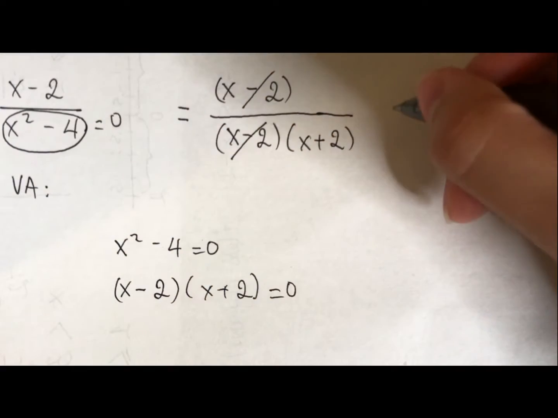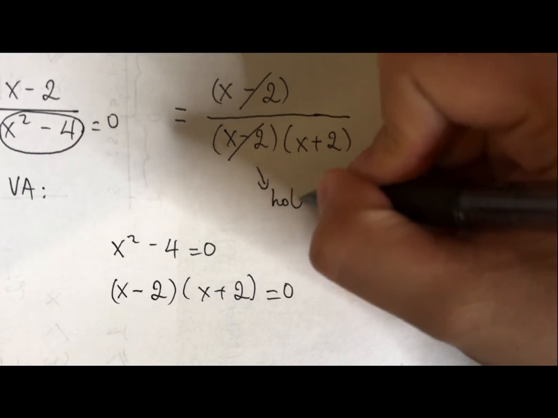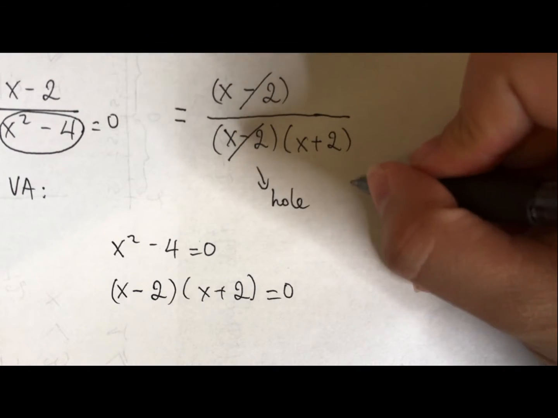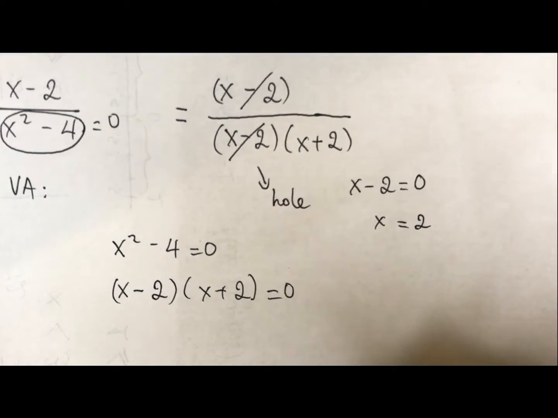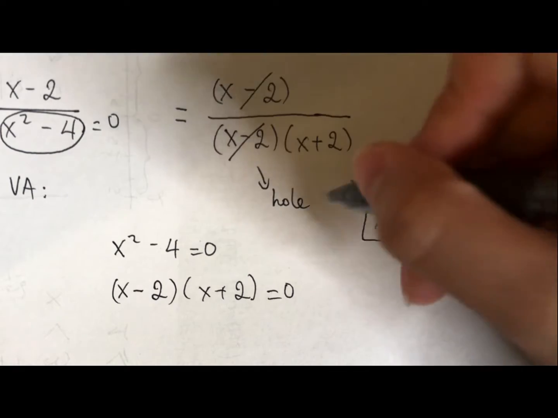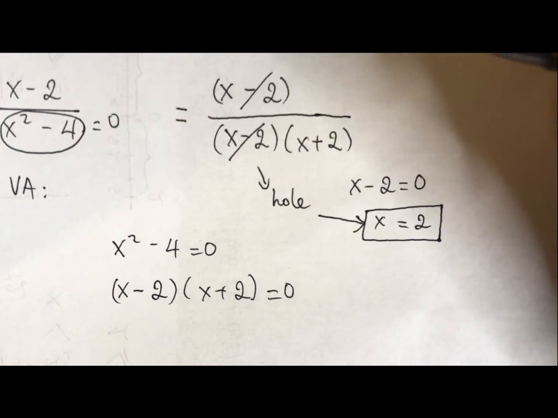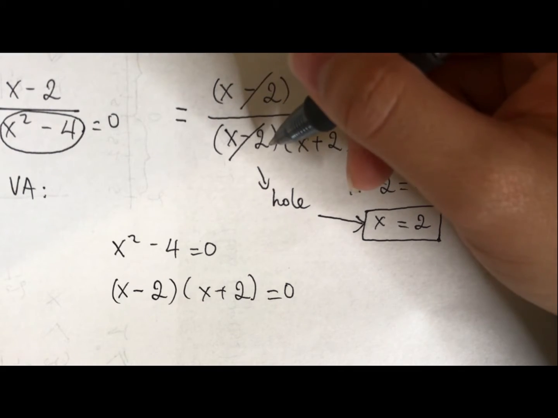This is a special case of discontinuity that results in a hole, and the hole is actually at x equals 2. So instead of this being a vertical asymptote, it is actually a hole because this is a factor that you can cancel in both the numerator and the denominator.